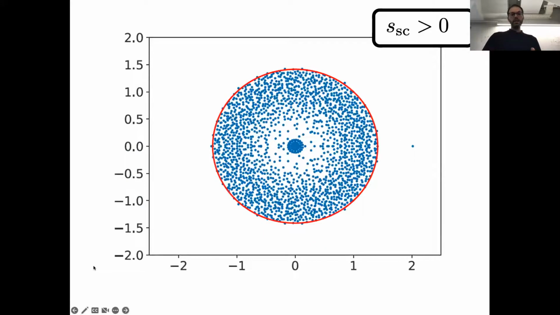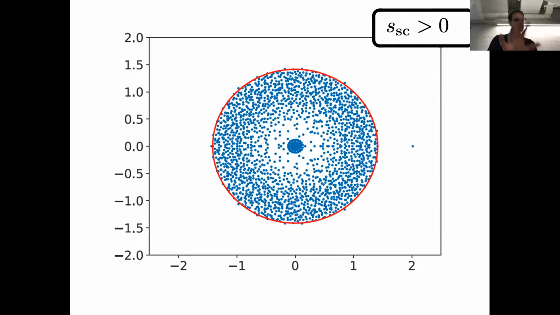I recall that SSC is the fraction of nodes belonging to the largest strongly connected component. Let us look at the case where this is positive. This means that the graph has a giant strongly connected component. In this case, we can characterize not all, but many important spectral properties of the graph, as we will see.